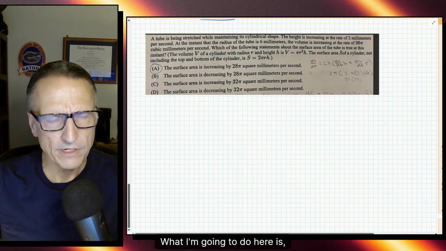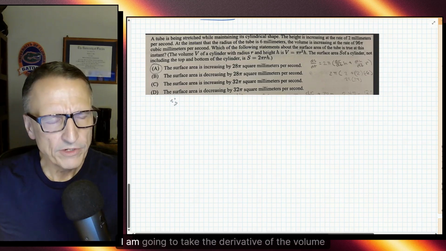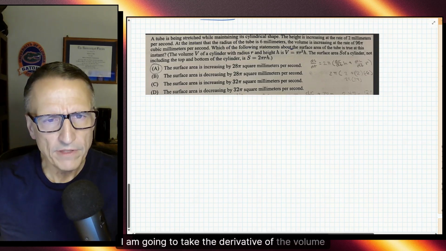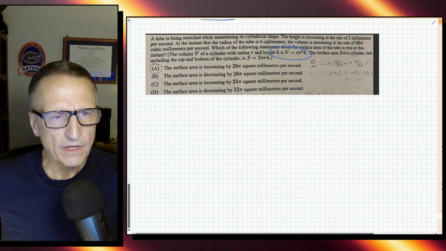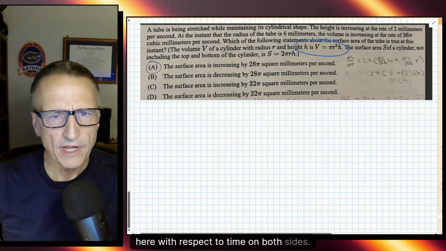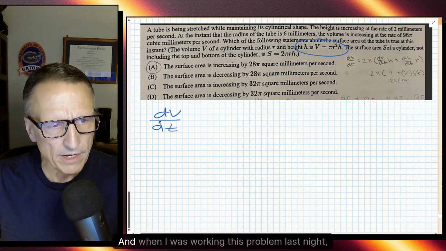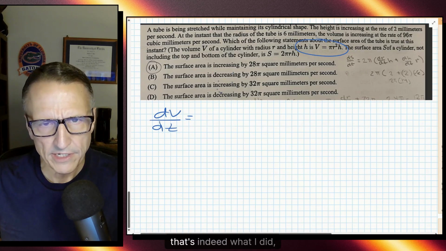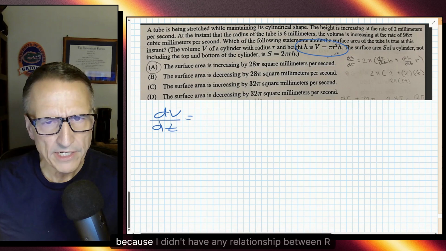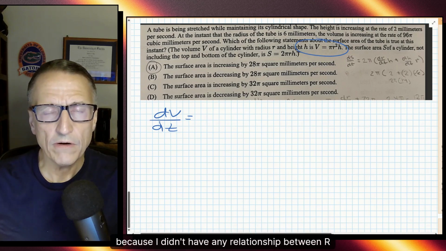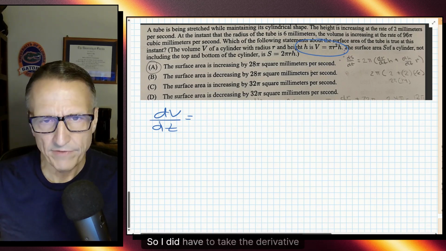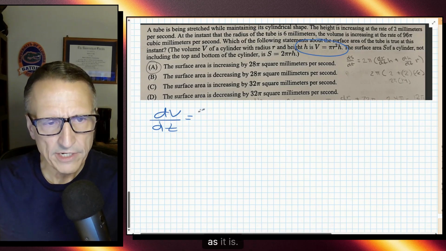What I'm going to do in this problem is take the derivative of the volume function with respect to time on both sides. So when I do that, I will use the product rule. When I was working this problem last night, that's indeed what I did, because I didn't have any relationship between r and h, so I did have to take the derivative as it is.